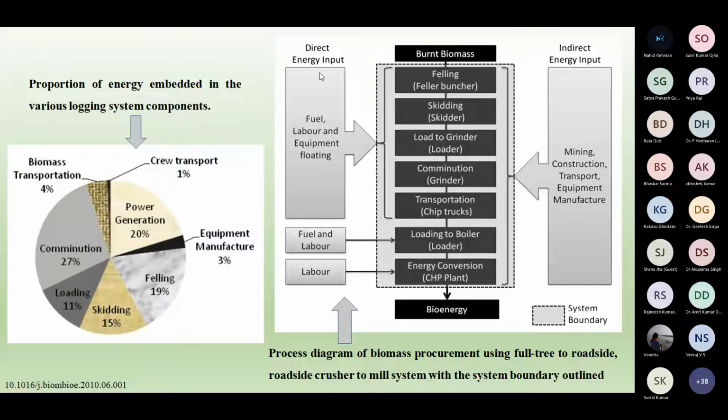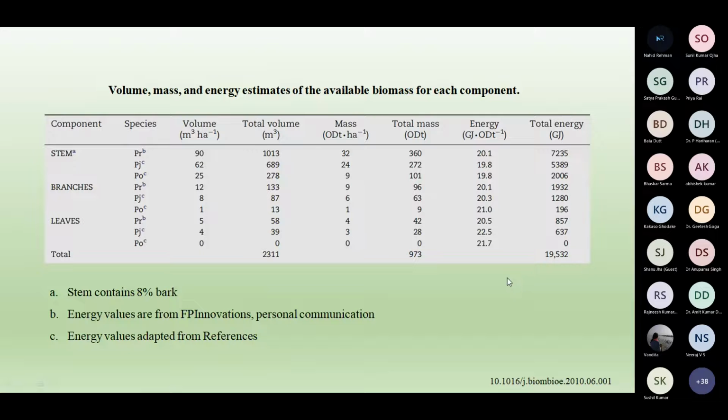Some of the direct energy input in this form was given, and some of the indirect energy input in terms of the mining, construction, transport, etc. This is the process diagram of biomass procurement using full tree to roadside, and then from roadside crusher to mill system with the system boundary outline. These are the different estimates for the biomass which was collected, and each component of those biomass, what are the details.